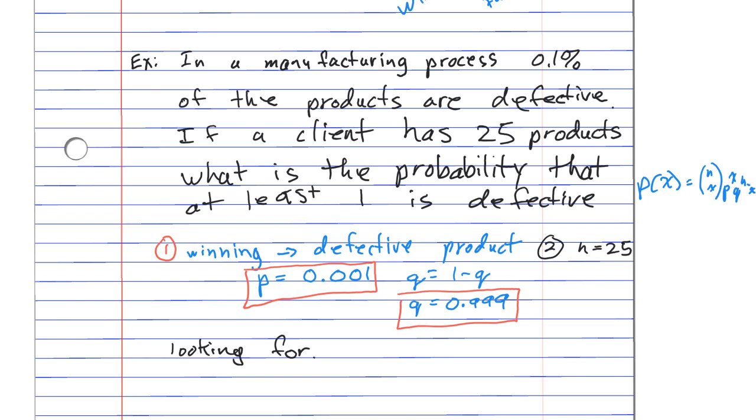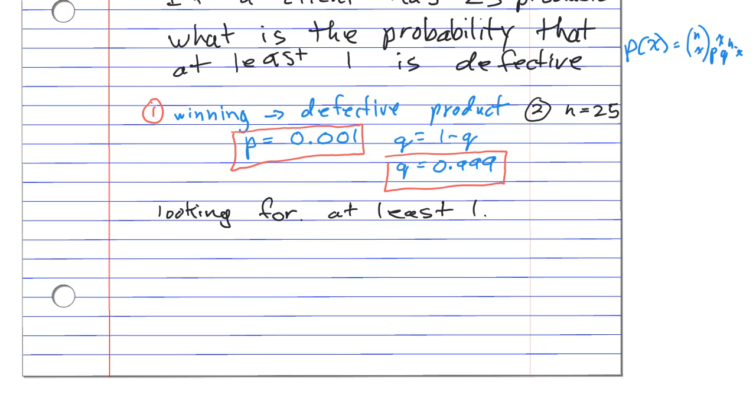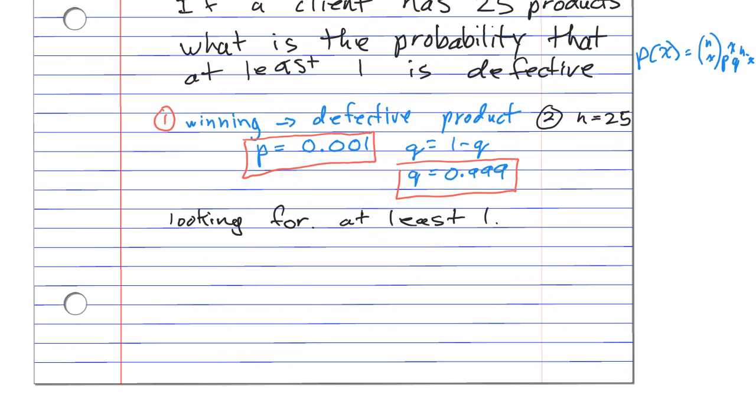And so what we are looking for is at least 1. So let me show you how I would write that in mathematics lingo. We would write this: P of x being greater than or equal to 1 would equal just P of 1 plus P of 2 plus, and it would go on forever, wouldn't it?